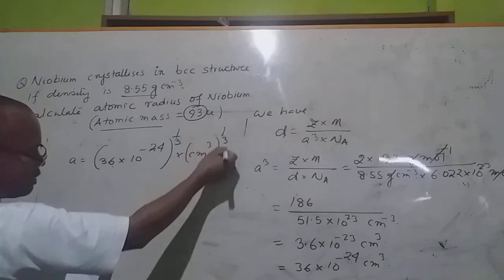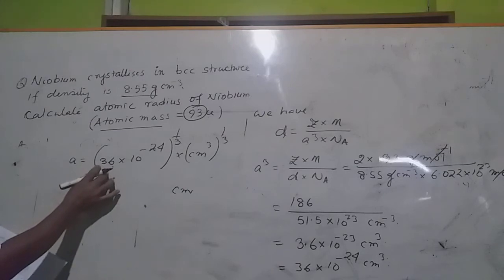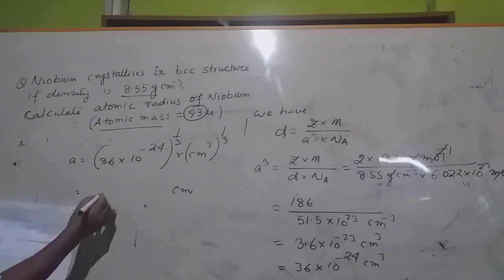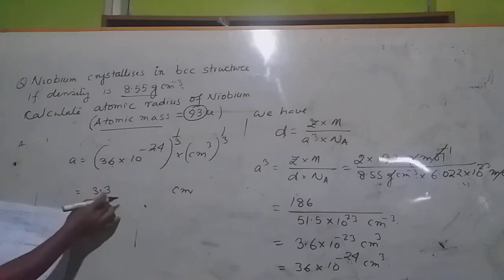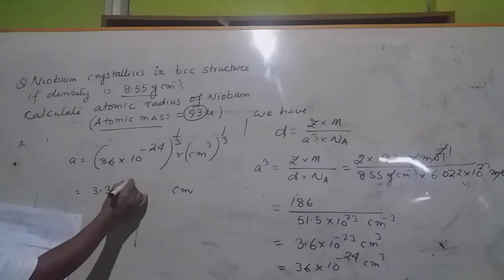So this 3 cancels and centimeter remains. And now when we do the calculation, cube root of 36, we find 3.3 something, 3.3 into 10 to the power 24 divided by 3, that is minus 8.